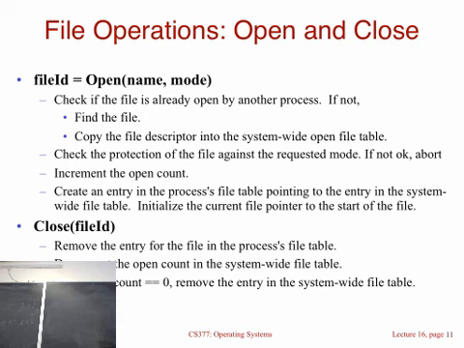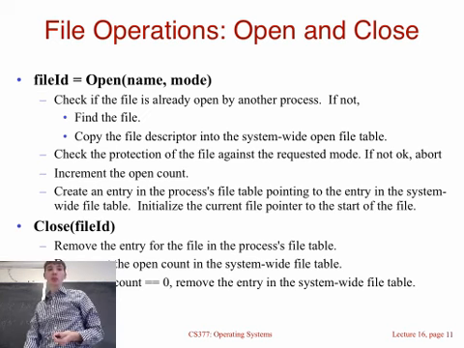If it's not, then you take that file and copy it into the open file table. Of course, you'll check whether you're allowed to access the file, increment the open count, and then for the process itself that's opening the file, you make an entry in that per-process file table.